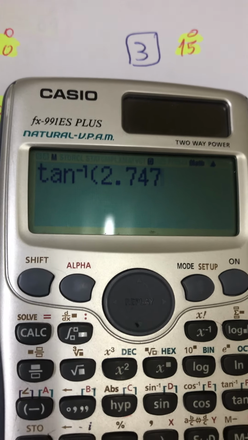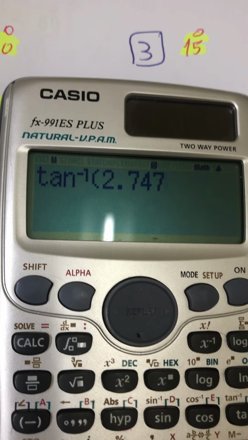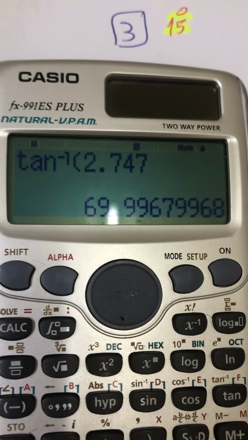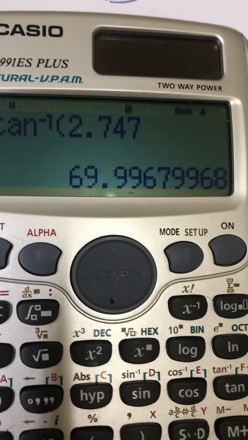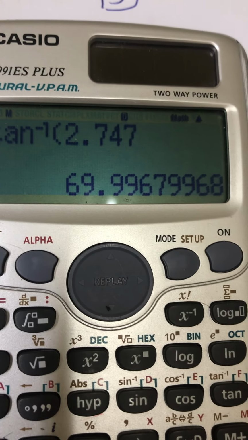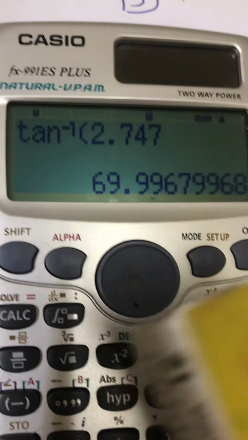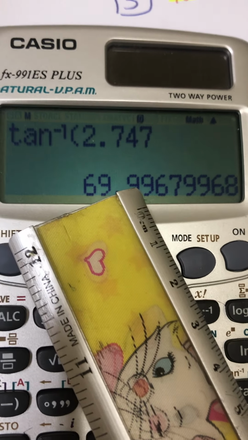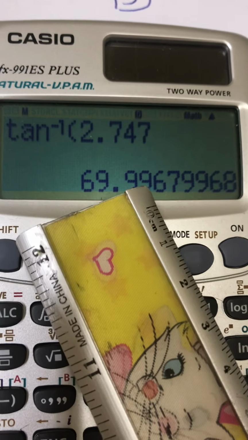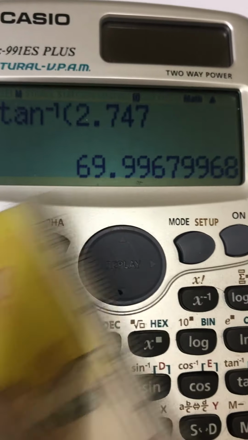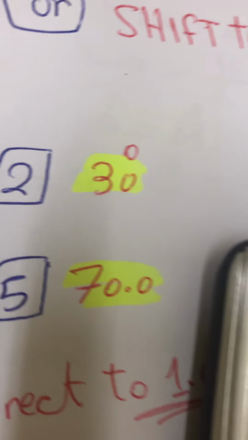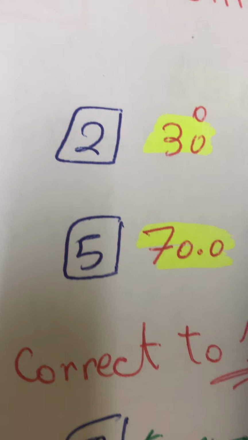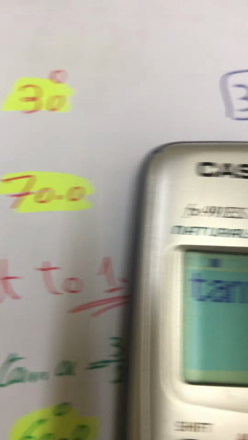Question number 5, page 218. Press equal. This is the angle, 69.99. So when I stop here, 3 significant figures. On the right we have 9. It will give 1. So the answer is 70. In number 5, the answer is 70.